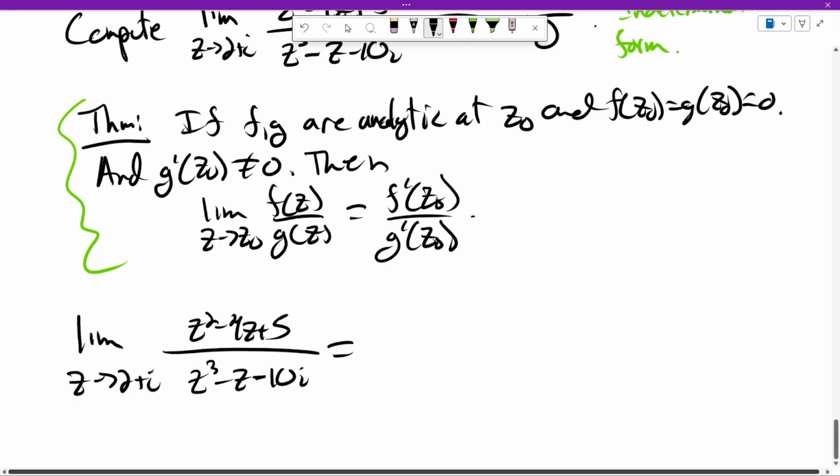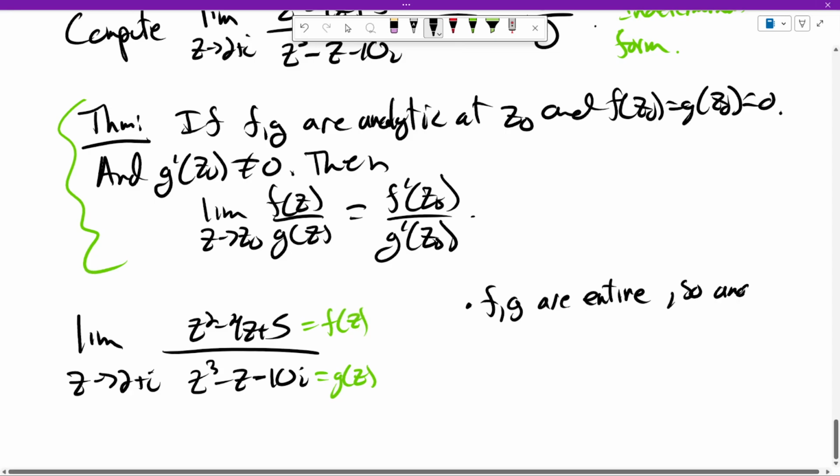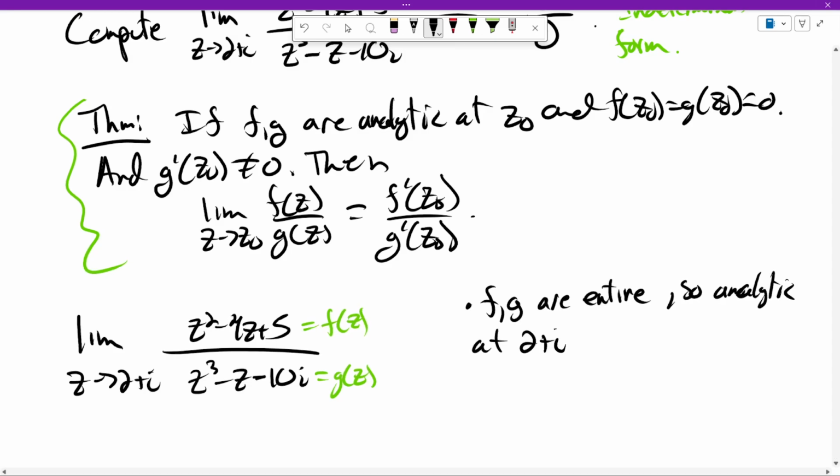Now, let me write it like this. If we let the numerator be our f and the denominator be our g, then we do know a couple of things. We know that f and g are entire, so analytic everywhere, in particular analytic at 2 plus i.